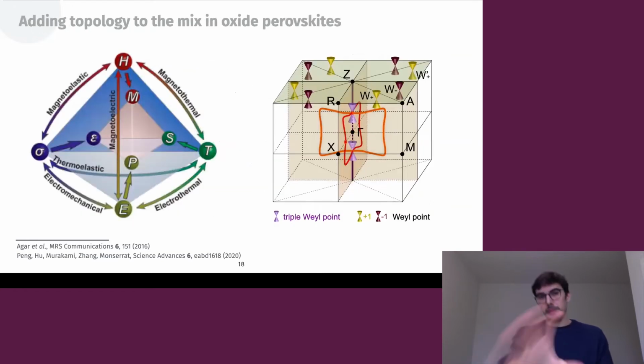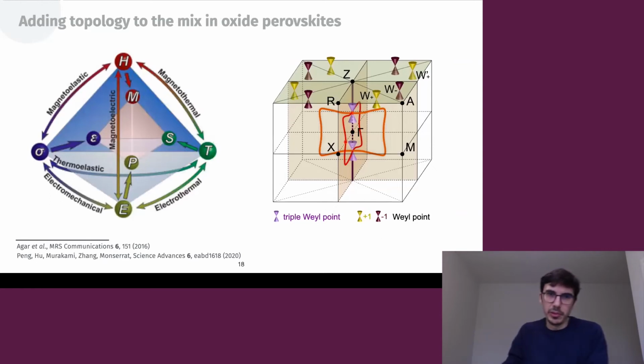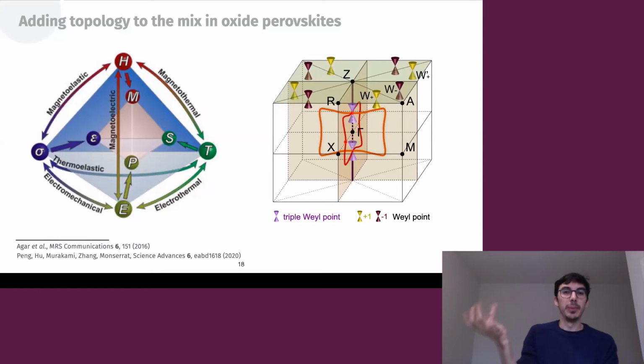So this was a piece of work that we did in the context of oxide perovskites, and we found that most of them do have these topological phonons, and we think that's interesting because oxide perovskites are used for a wide range of things. And here I have a diagram taken from MRS Communications where they argue how you have all these interesting multiferroic type features in these compounds. And essentially what we're arguing is that we're adding an extra ingredient to this family of materials, which is topology.